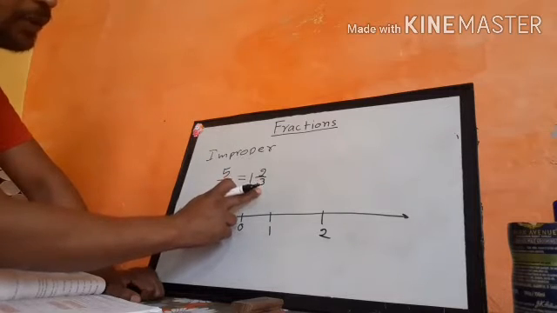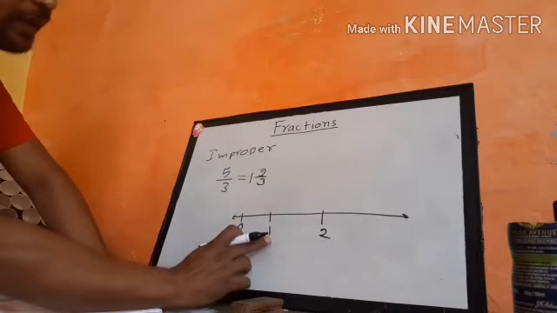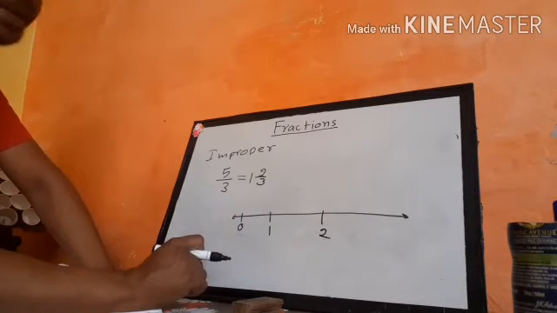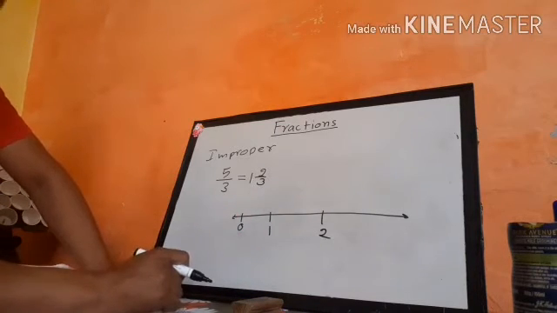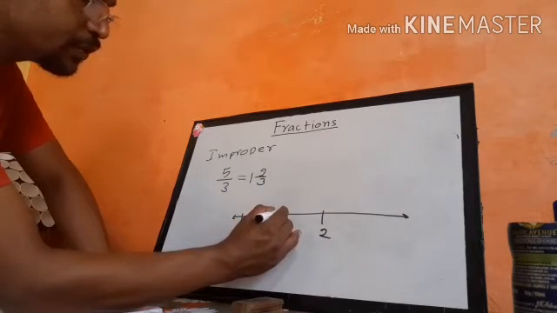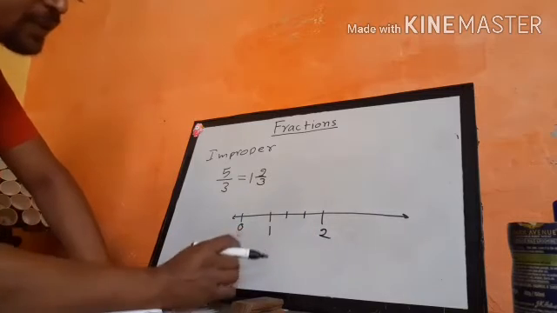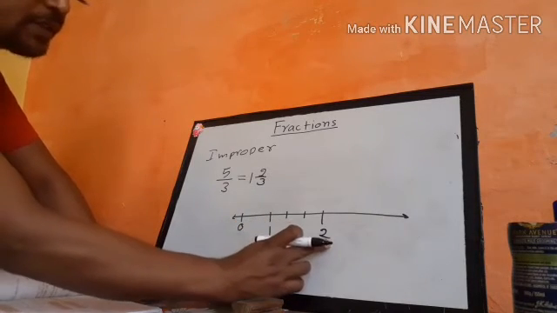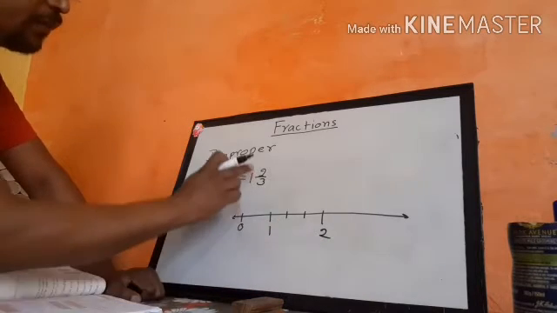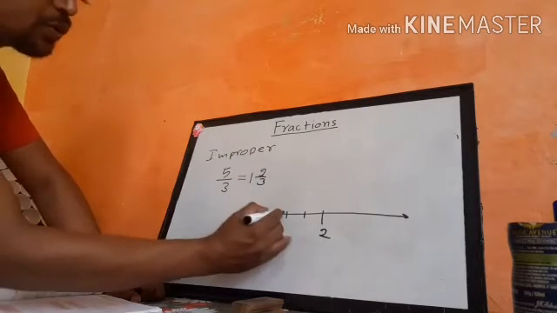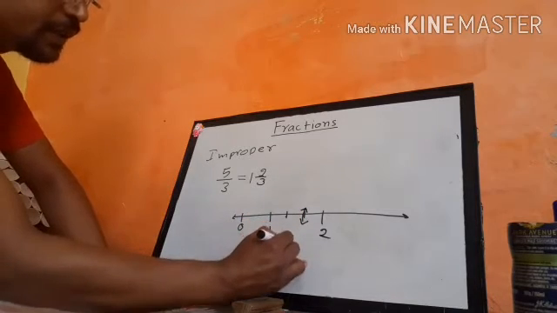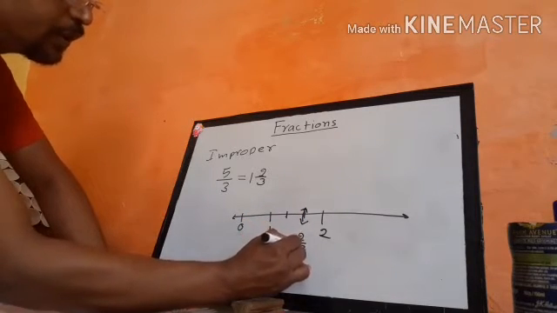For the 2 upon 3 you will divide the gap between 1 and 2 only, into how many parts, as we did in the previous example. Here the denominator is 3, so divide the gap between 1 and 2 into 3 equal parts. Out of these we will choose 2, so 1 and 2. So this one will represent the 1 right 2 upon 3.